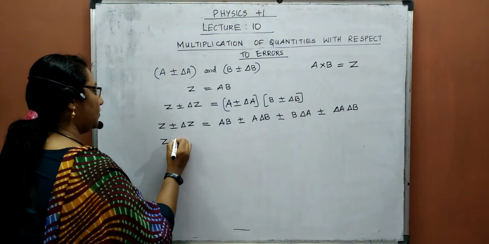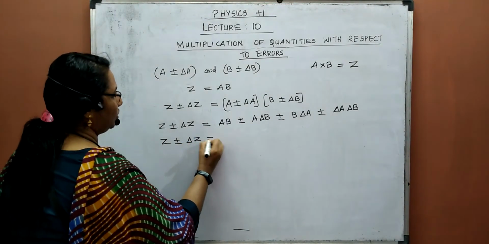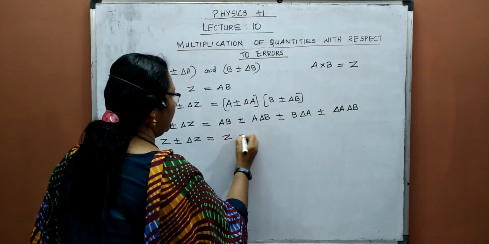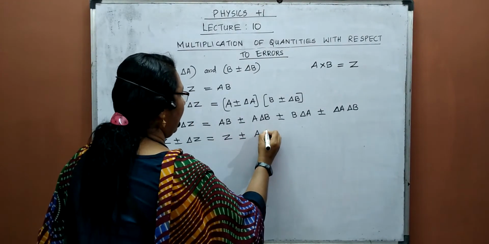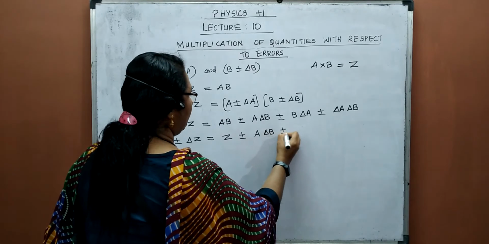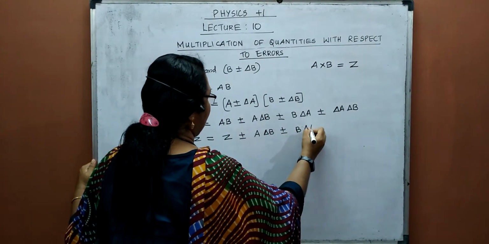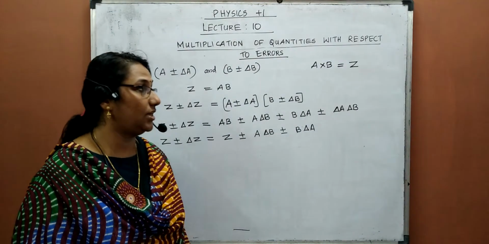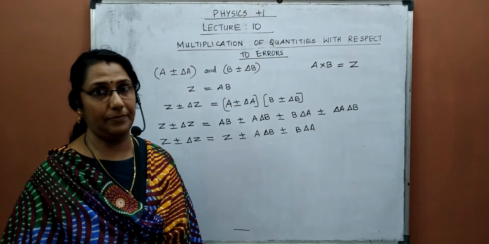Once more, what is AB? AB is Z itself. So Z plus or minus A delta B plus or minus B delta A. And now the last term in the equation is delta A into delta B.